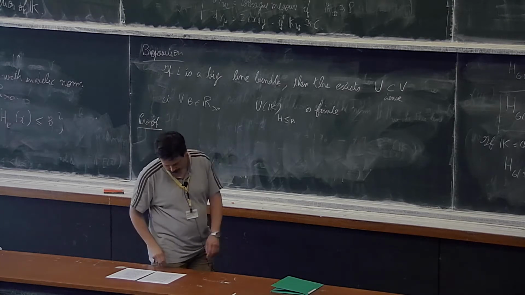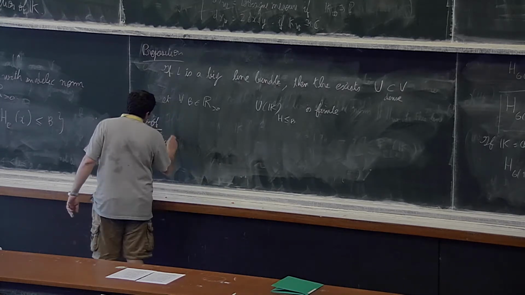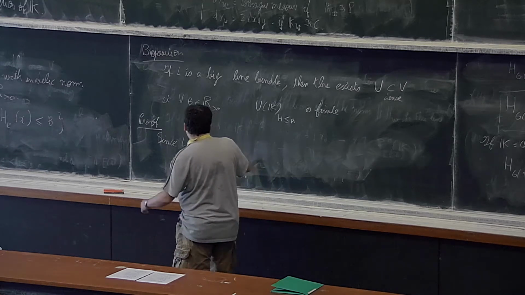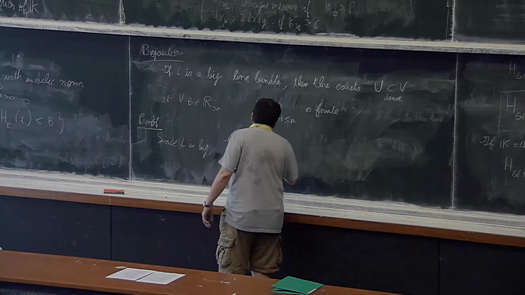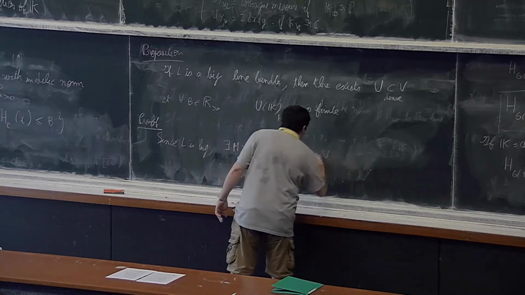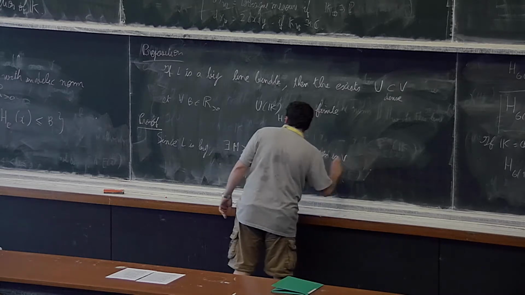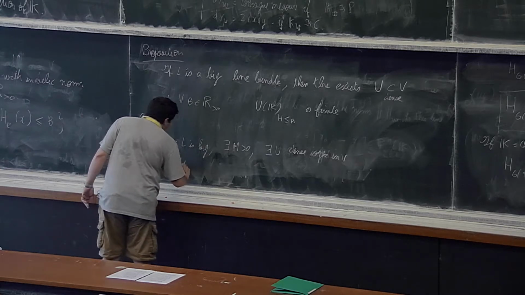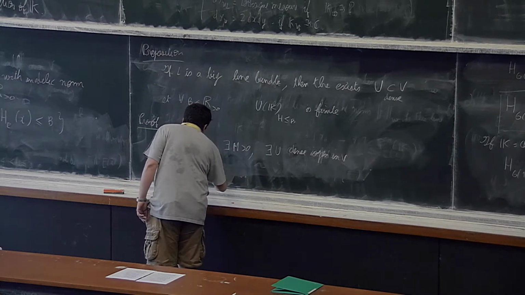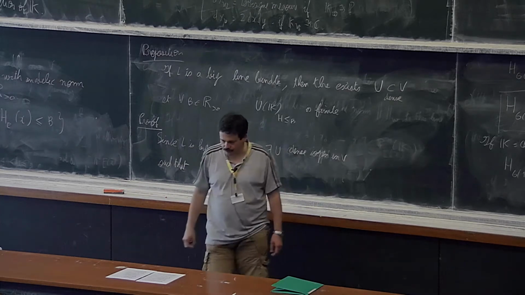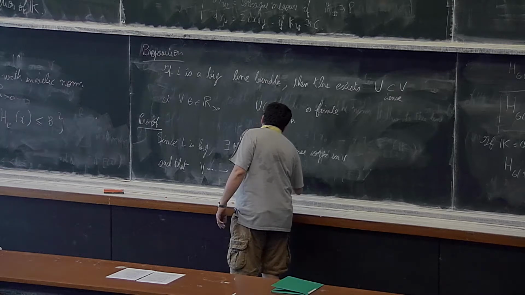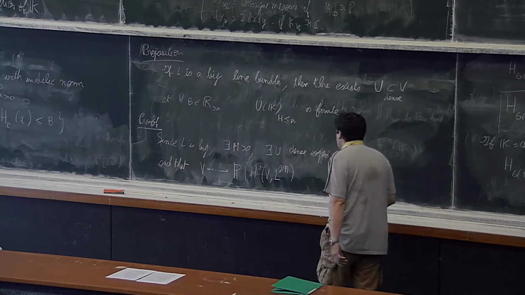So the sketch of the proof is that since L is big, then by choosing some multiple of L, there exists some dense open subset U in V such that the map defined by L to the power M, so there is a rational map from V to the projective space associated to the dual of H^0(V, L^M).